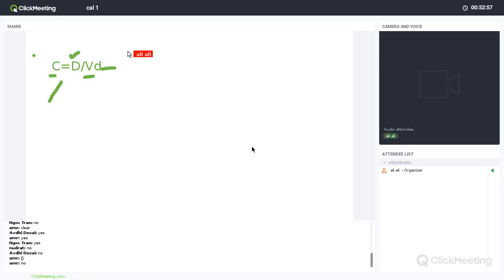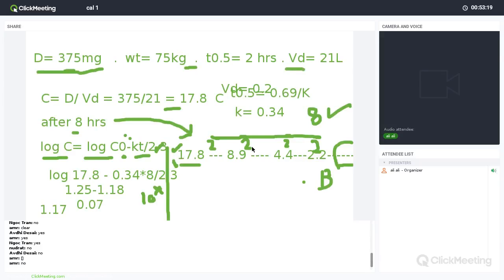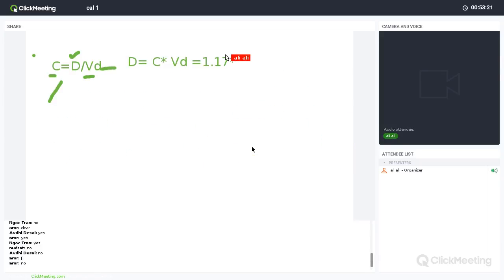So here the dose equals the concentration multiplied by the volume of distribution. I already know the concentration, which is 1.117, multiplied by the volume of distribution, which is 21 here.